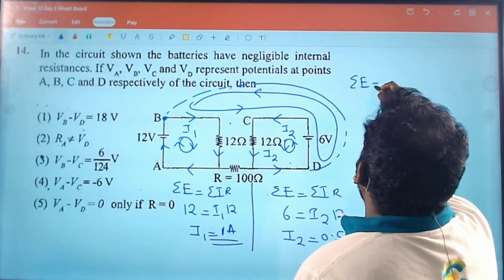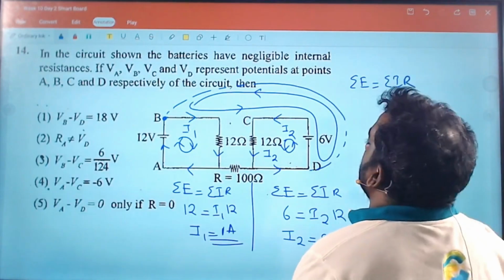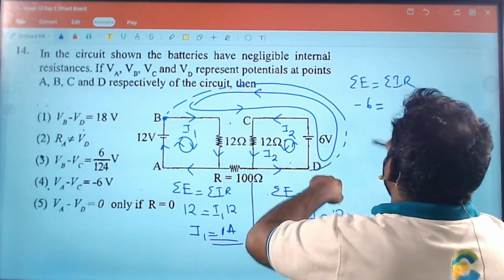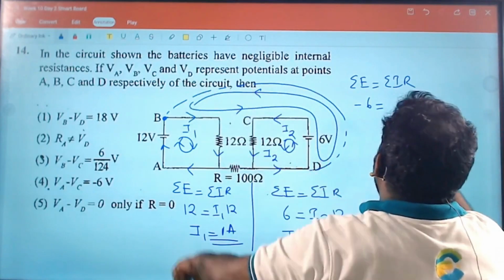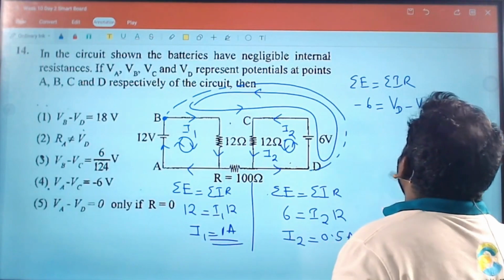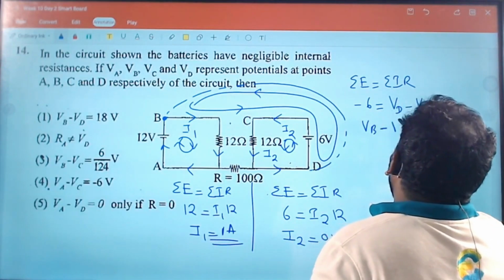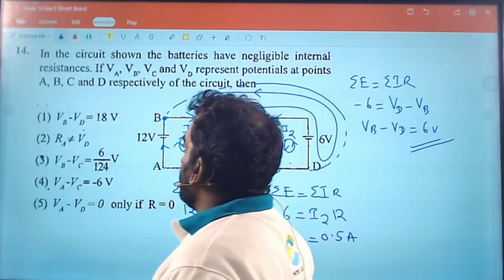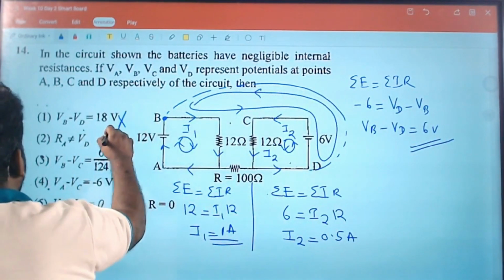Sum of EMF equals sum of potential differences. Inside, do we have a battery here? Yes, minus 6. Voltage is going from D to B, VD minus VB. Simplify. VB minus VD is equal to 6 volt. First one is wrong.